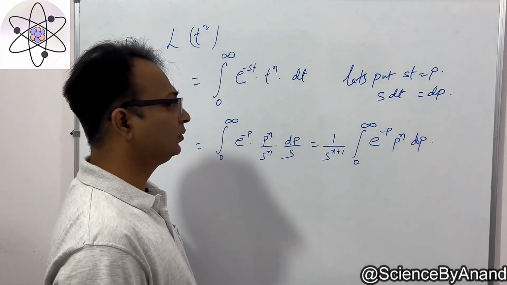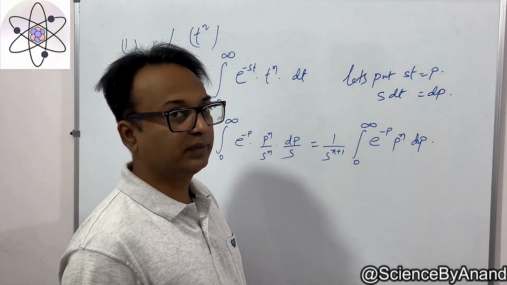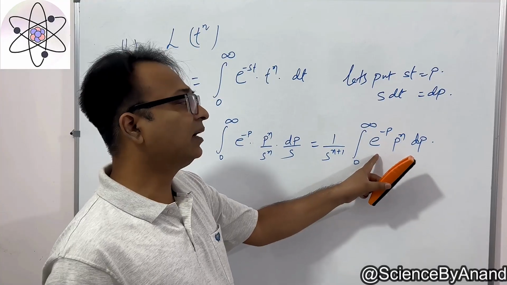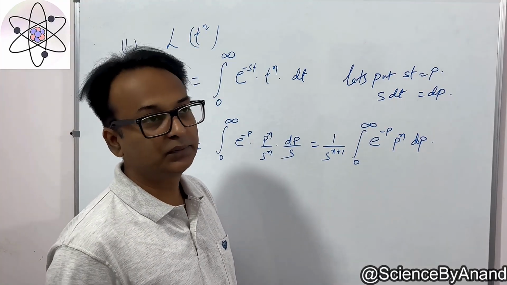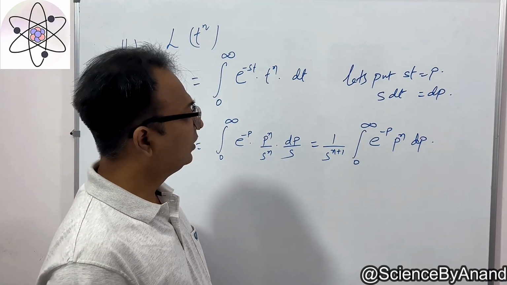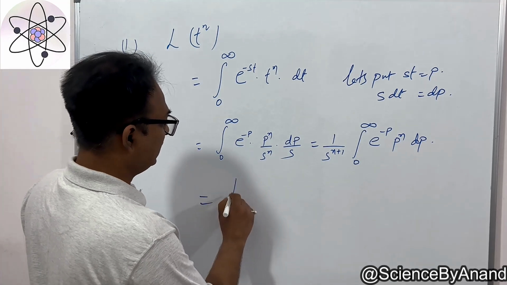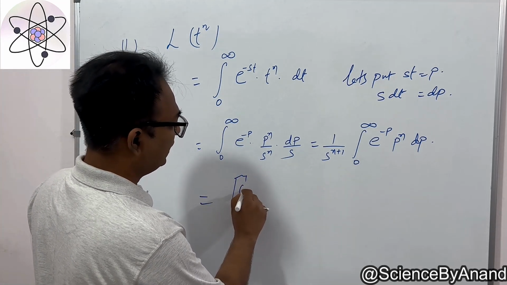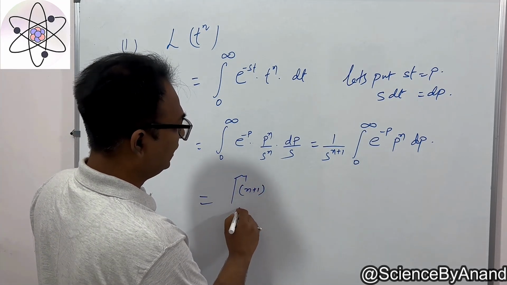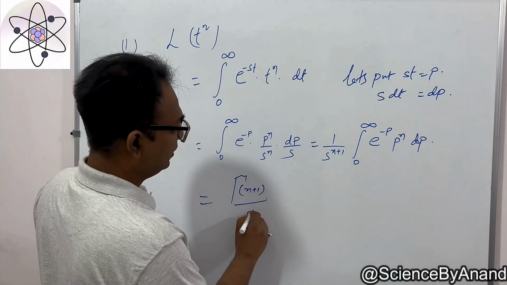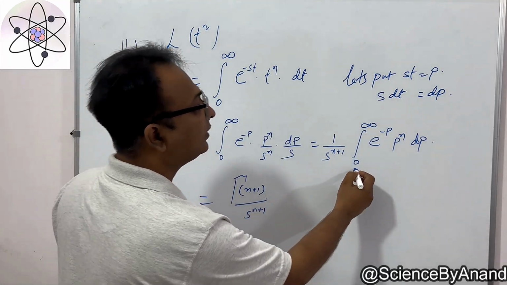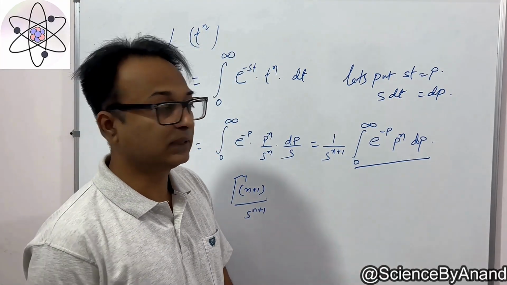If you remember beta gamma functions, this is gamma of n plus 1. This is basically the definition of the gamma function.